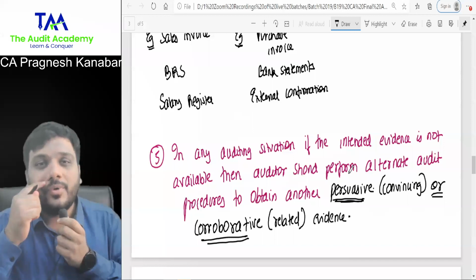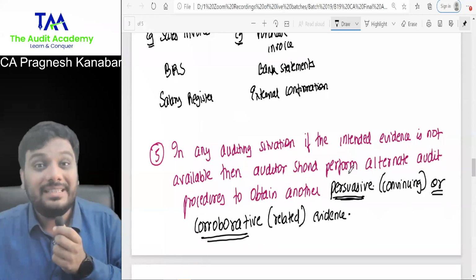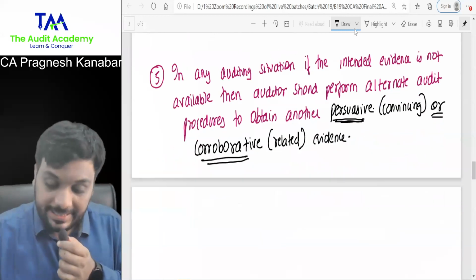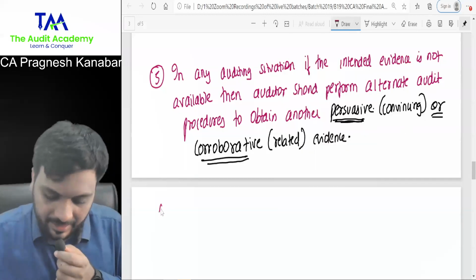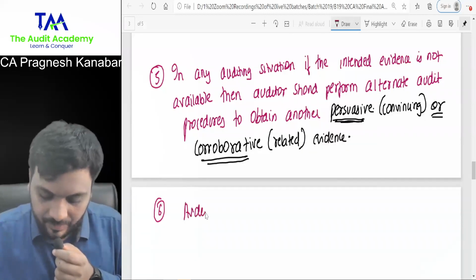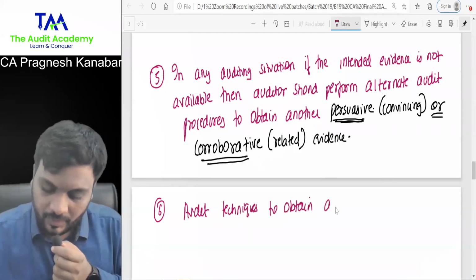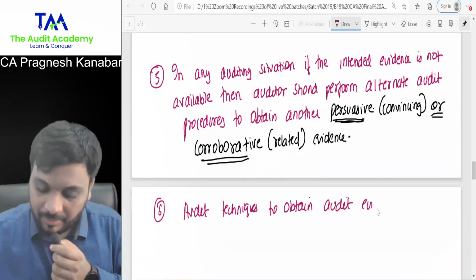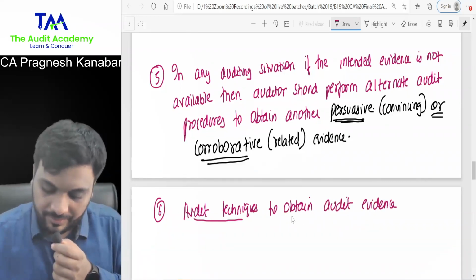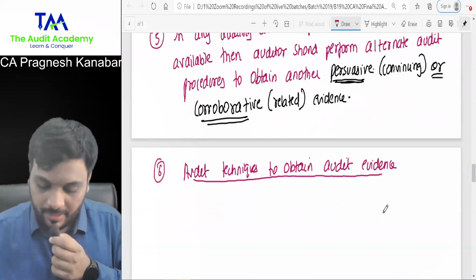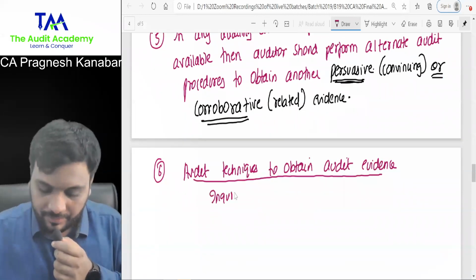Now, can you give me some audit techniques that we use? Audit techniques to obtain audit evidence. Because we will be using these words repeatedly in our audit subject. So we go for inquiry.